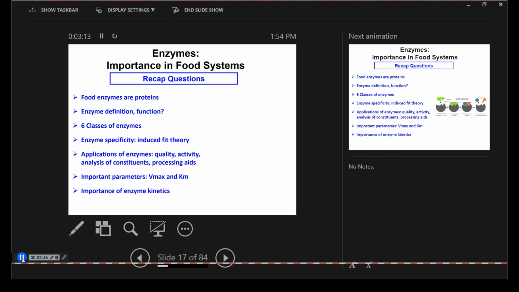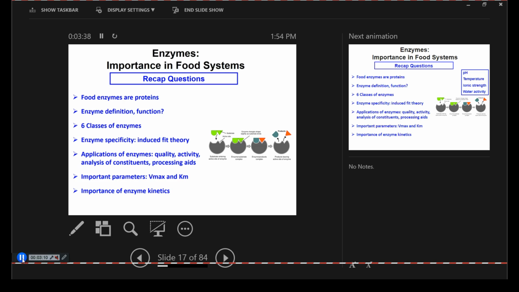And I guess the specificity means that they have specific shapes to fit with their substrate, but they're not always the same shape. Exactly. So stereochemical binding, where the active site binds specifically to a substrate due to a certain shape of the active site.